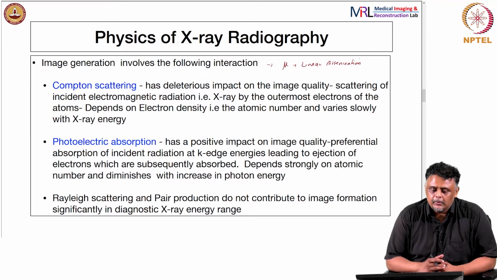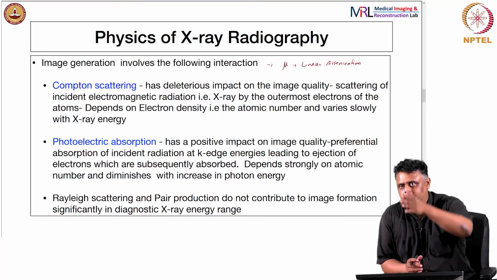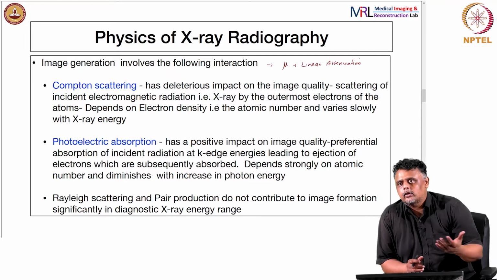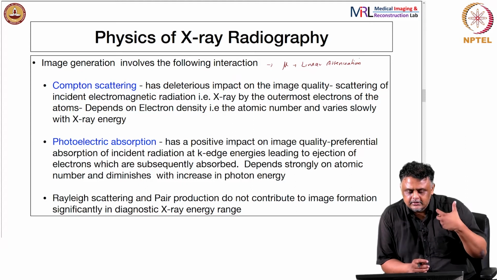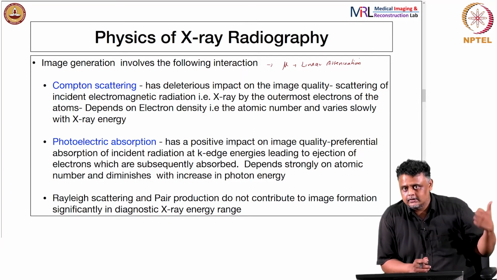The photoelectric absorption is actually a desirable impact, because it gives you a very good, high quality image. With Compton scattering, because the photon is deflected, it will hit the detector at some other location if you are looking at 2D imaging, and that causes loss of contrast. Here, the incident radiation is at K-edge energies, as we saw, for instance, in the generation of X-rays.